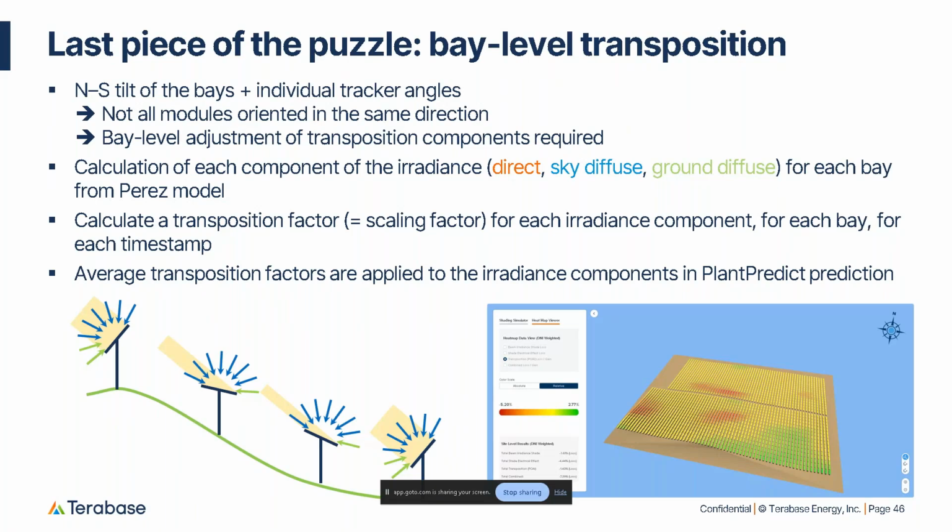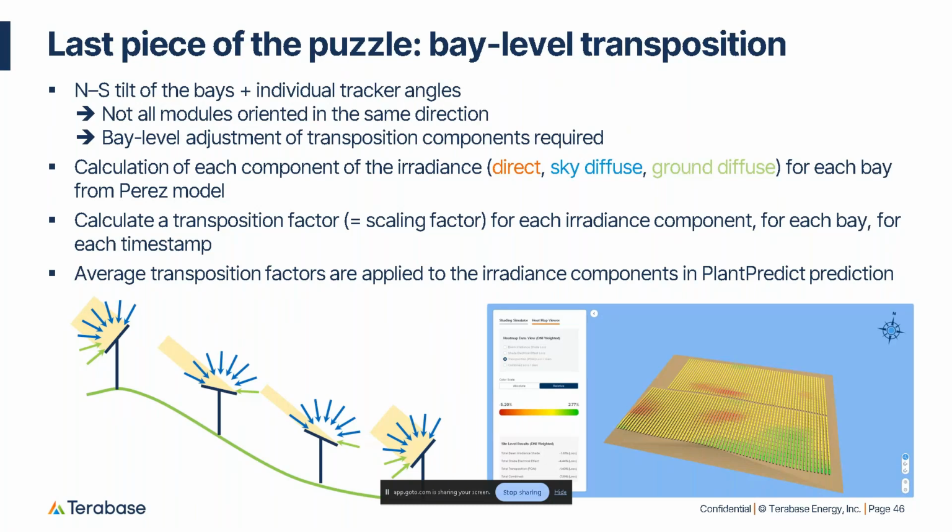So what we do is we run, for each bay and for each time step, a calculation of each of these components of the irradiance, meaning the direct, the sky diffuse, and the ground diffuse, shown in orange, blue, and green here. To do so, we use the Perez model with the standard inputs, meaning the all-site composites 1990.